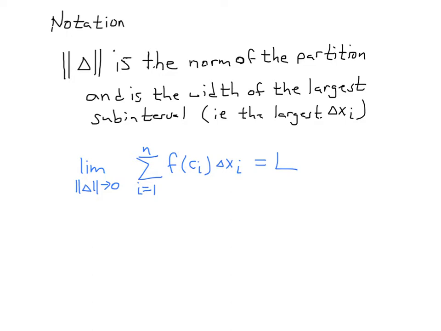So as that happens, we're getting into an infinite number of rectangles, and so we're able to evaluate that limit, and if the limit exists, that is going to equal L. And because of how we've set this up, this is the height of the rectangle, that's the base of the rectangle, and as this goes to 0, it means n is going to infinity, so we're getting the area between the curve and the x-axis for f of x.